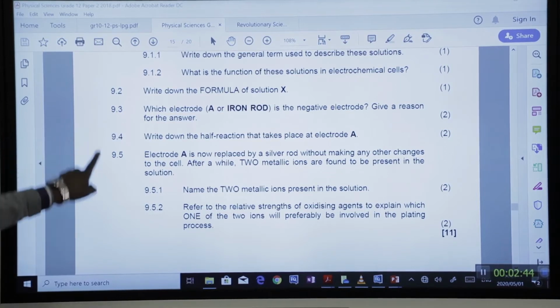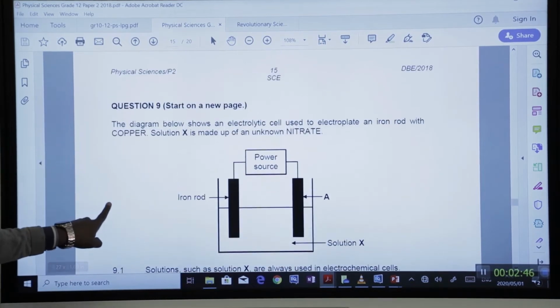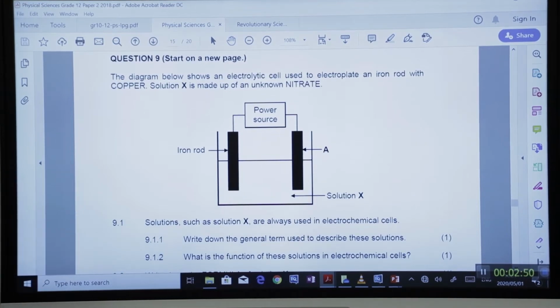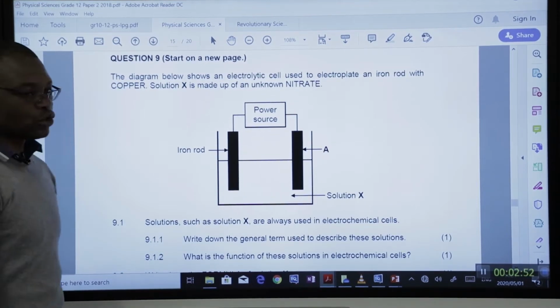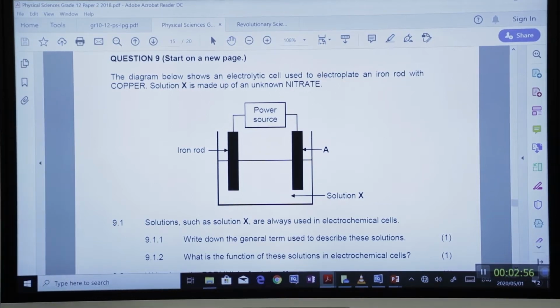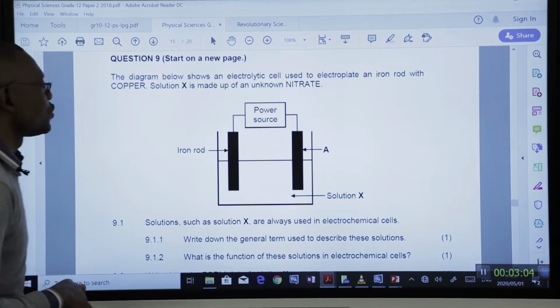Okay. So the question has got background information. It says that the diagram below shows an electrolytic cell used to electroplate an iron rod with copper, and the solution X is made up of an unknown nitrate.